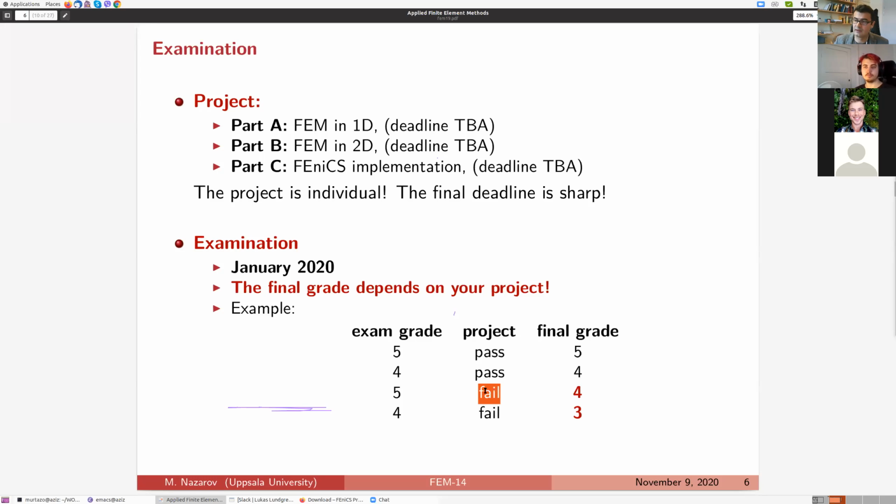Okay. So the exam as it is now is planned as an online exam. I think it's going to be a home exam. If nothing has changed, it's going to be a home exam, but it's not decided yet.